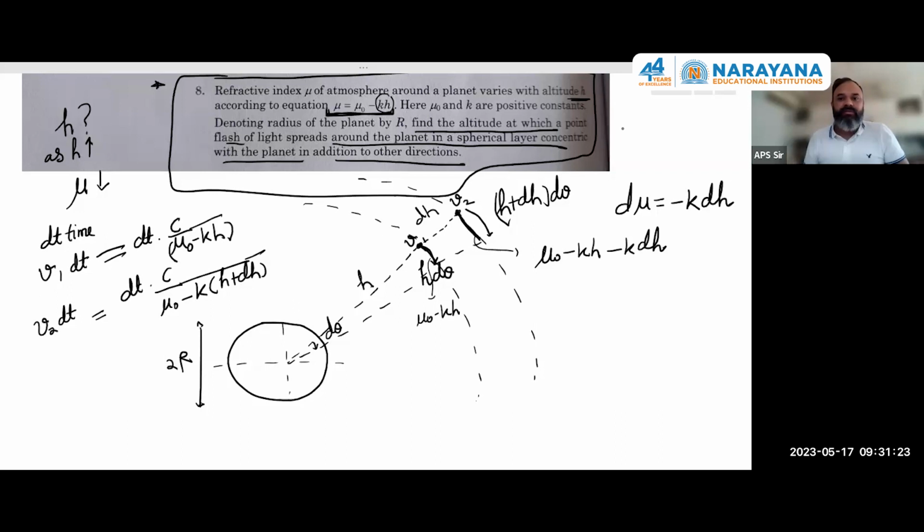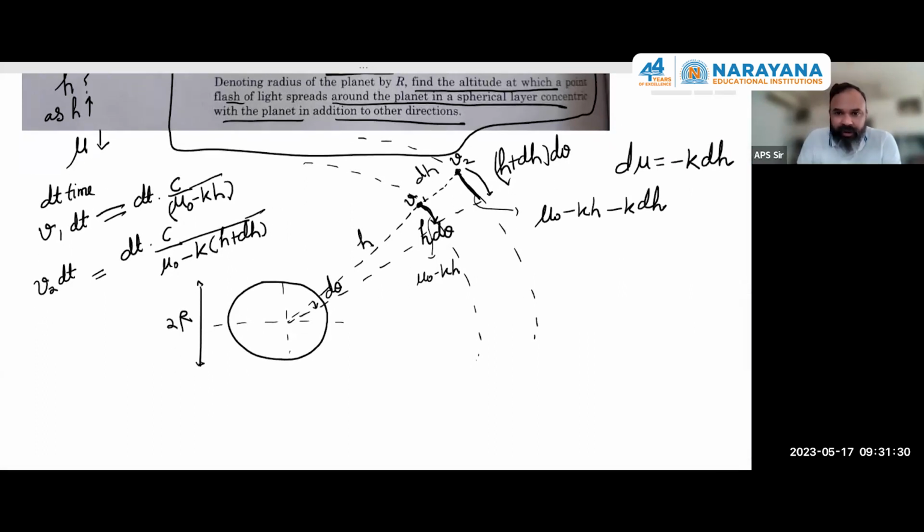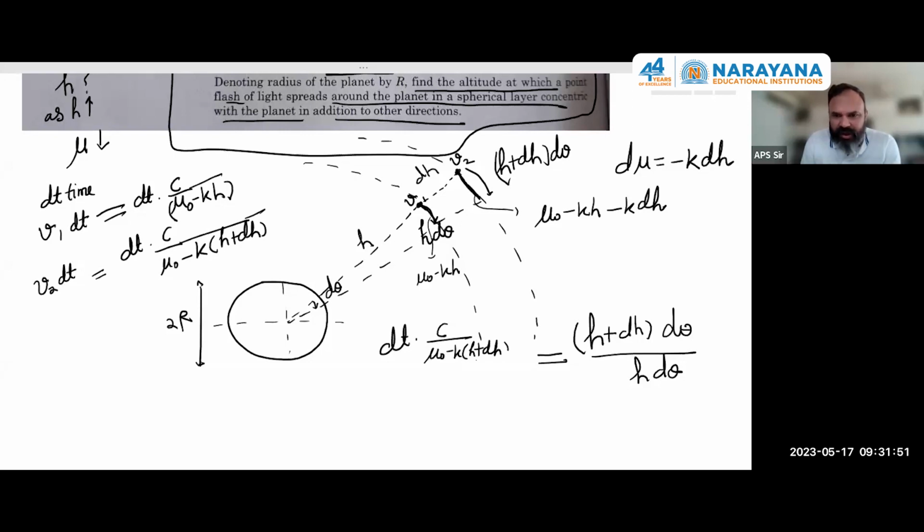So now everything is very well defined. Take ratios and try to solve for h. So what should I do now? Take the ratio of these terms. So h plus dh into d theta upon h d theta is basically equal to this distance v2 dt upon v1 dt, so dt into c upon mu naught minus kh minus kdh over dt into c upon mu naught minus kh.